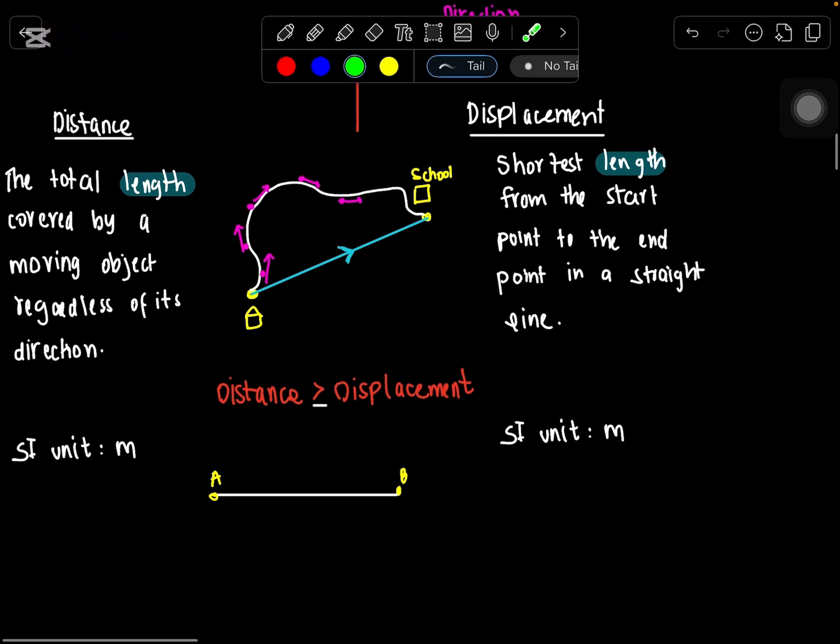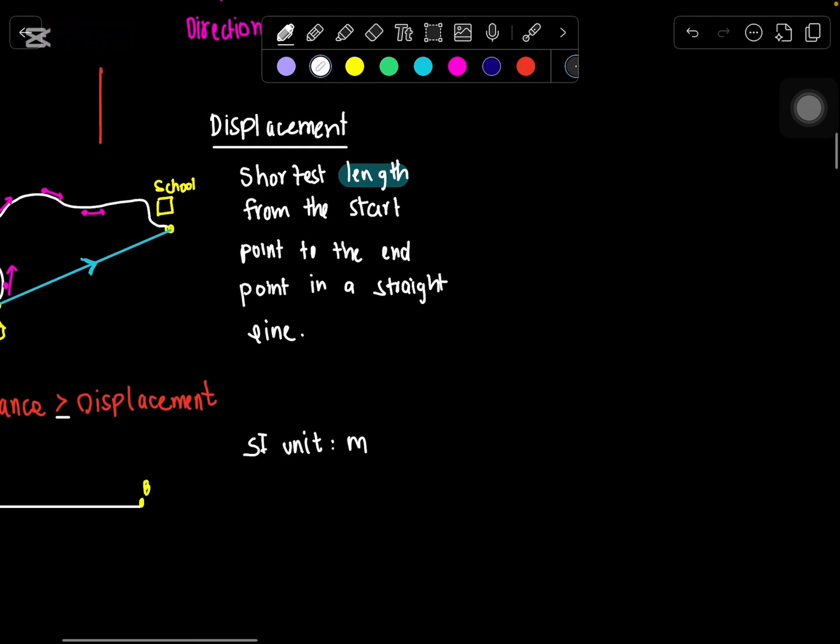Let's revise this concept because I want to add another concept here that is the shortest length from your start point to your end point in a straight line. What if I had something like this? So let's say this is point A and the track is circular.